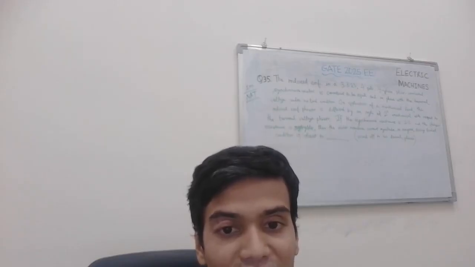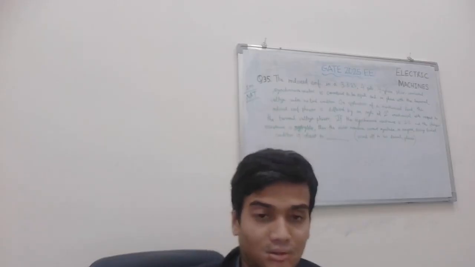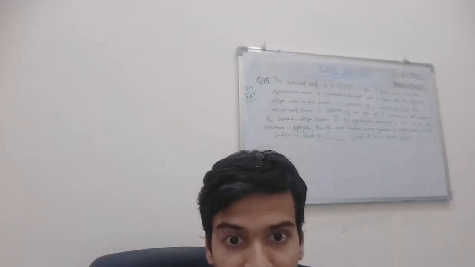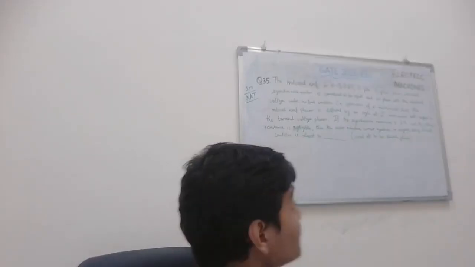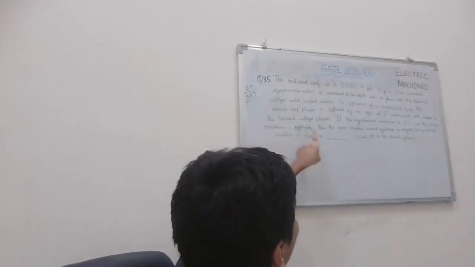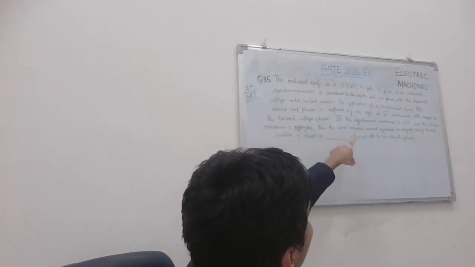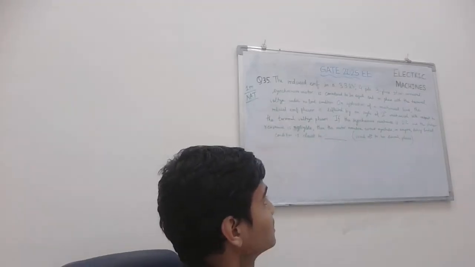If the synchronous reactance is 2 ohm, and the resistance is negligible, find the armature current.